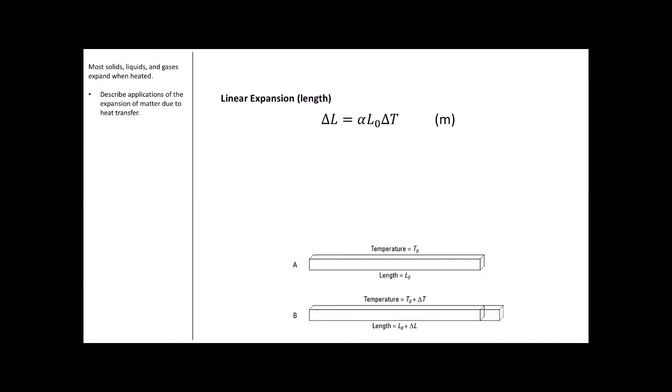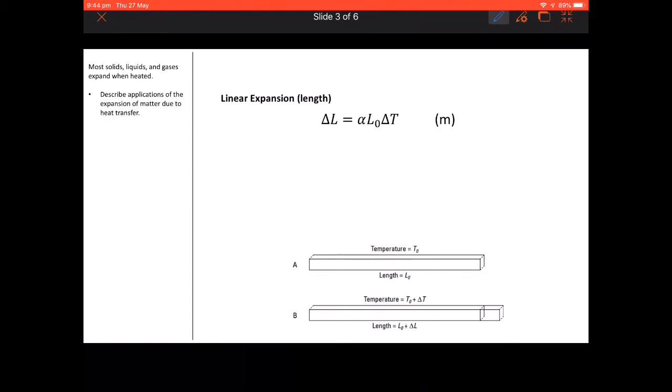Change in length of a solid is proportional to the change in temperature, and this is given by the rule outlined here. Change in length is equal to the coefficient of linear expansion multiplied by the original length and multiplied by the change in temperature. The coefficient of linear expansion is a measure of fractional change in length per degree change in temperature.